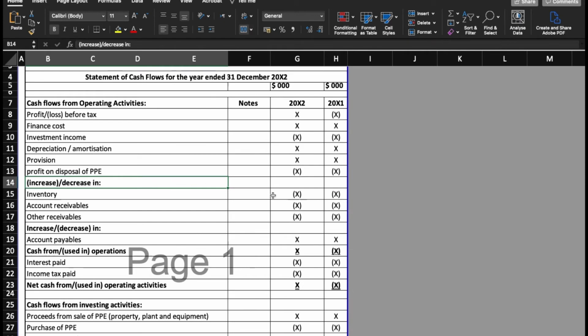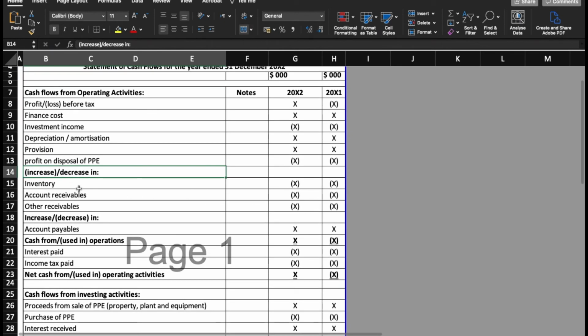Then we will have increase or decrease in capital accounts. This would be inventory. If there's an increase in inventory, we should deduct that increase. You need to go to your financial position to calculate the change in inventory.